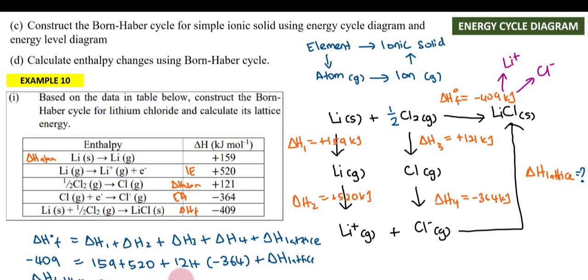Your final units should be in kilojoules per mole, because we take its definition: energy released when 1 mole of ionic solid compound is formed from its gaseous ions. So this is it, the energy cycle diagram.